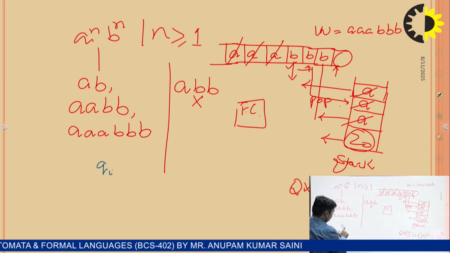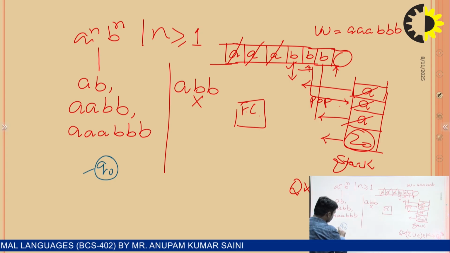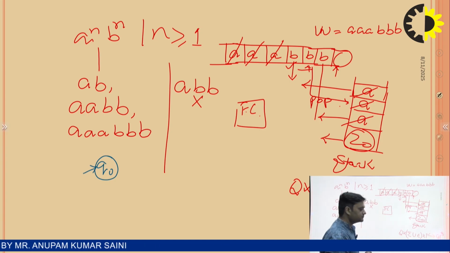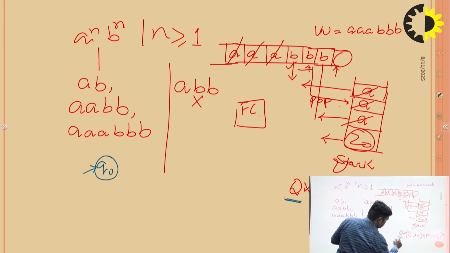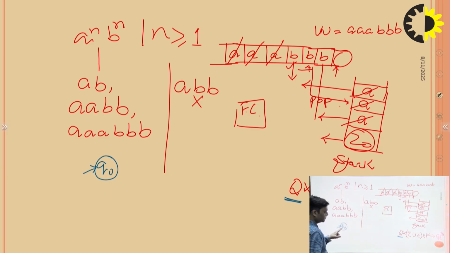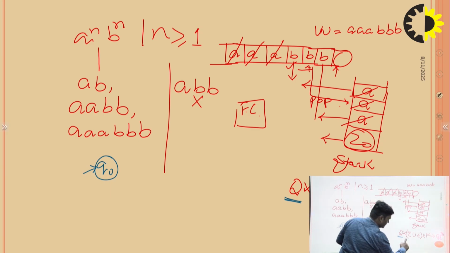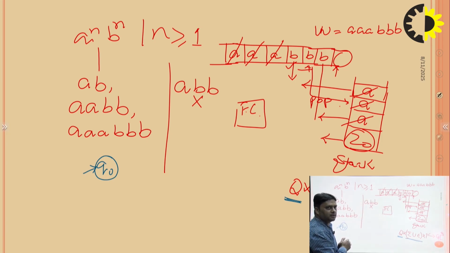If we take Q naught as the initial state, at the starting state, this is a state, that is Q naught, this is the input symbol.